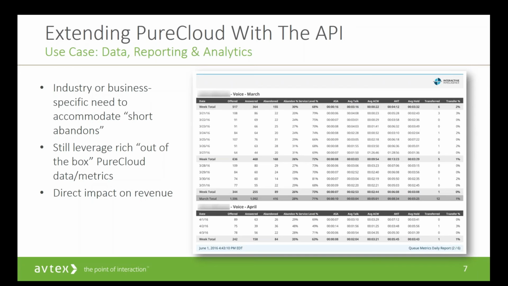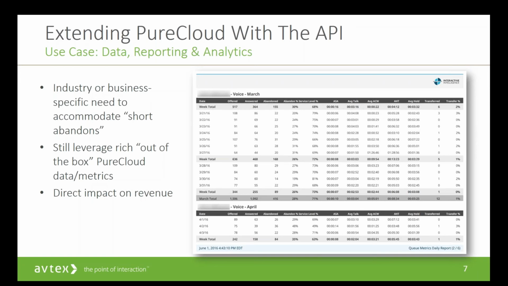This particular client of ours was accustomed to being able to throttle, in a sense, by work group, what level of short abandon they would accommodate. Meaning, if for work group A, calls abandoned based upon the call routing and call flow, if calls abandoned at work group delivery, they had the ability to exclude those from their Q metrics.